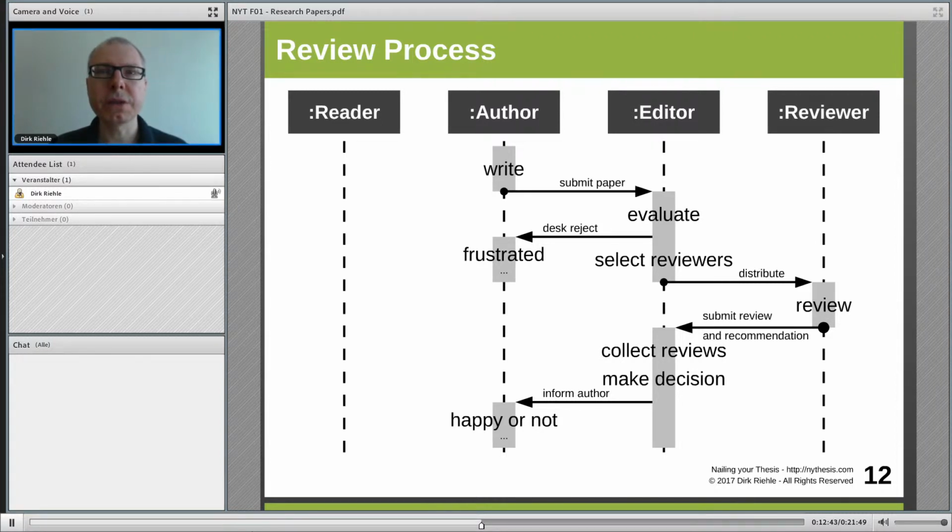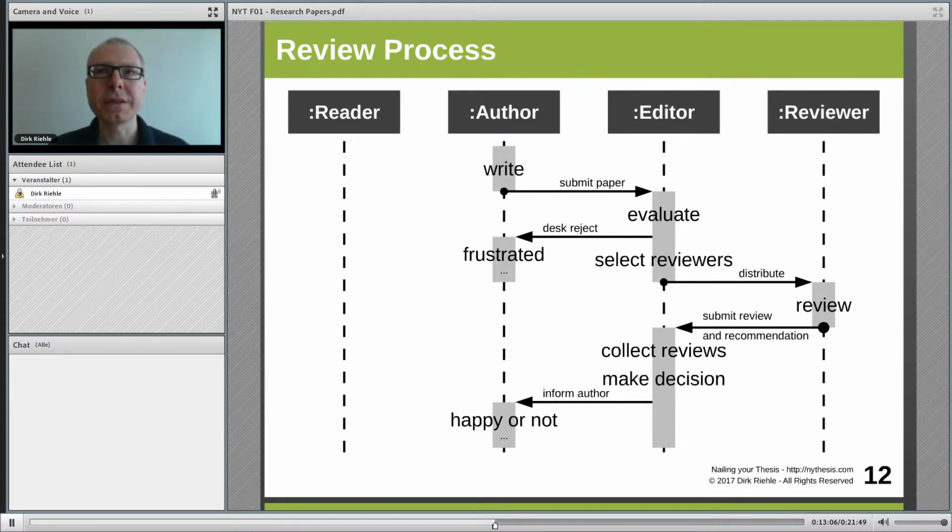The editor will collect these reviews, read these reviews, compare them, and come to a conclusion. That is, make a decision on your paper. And it's ultimately an accept or reject. And so the author would be happy or not. There are some in-between states, which we'll discuss later.